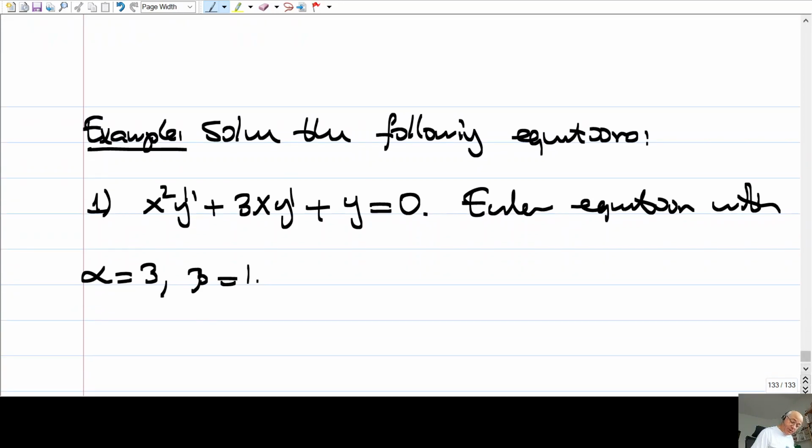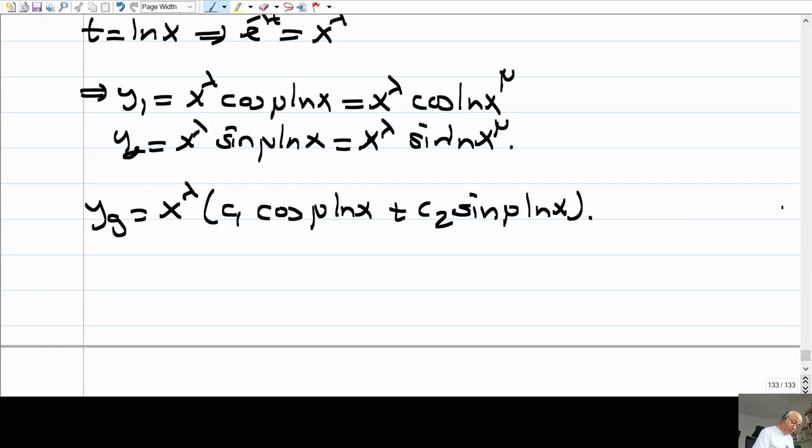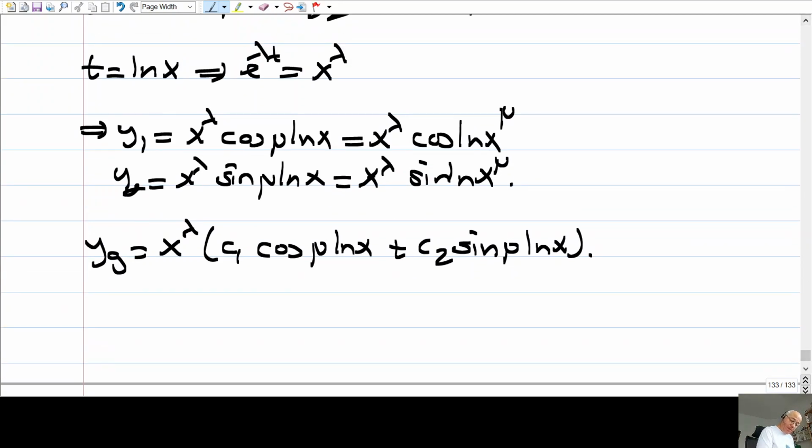So what is the characteristic equation? In this case, once you make the variable change, the characteristic equation will be called the indicial equation, but let me talk about it later.